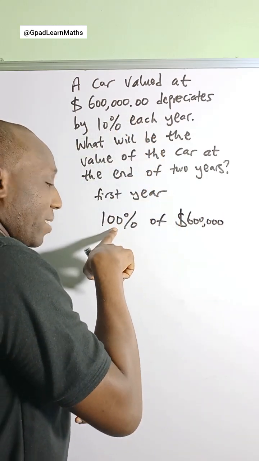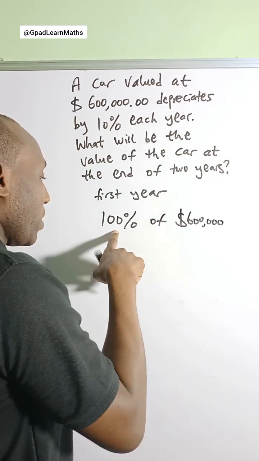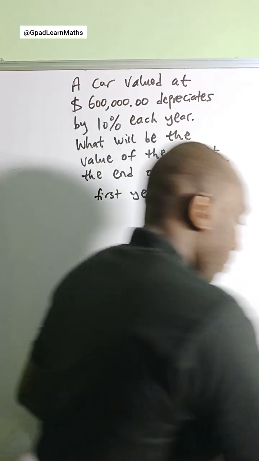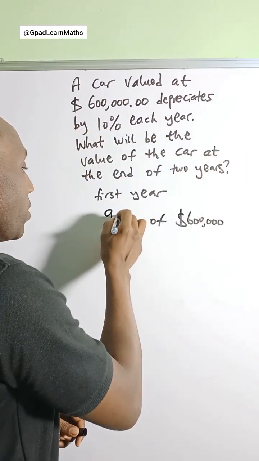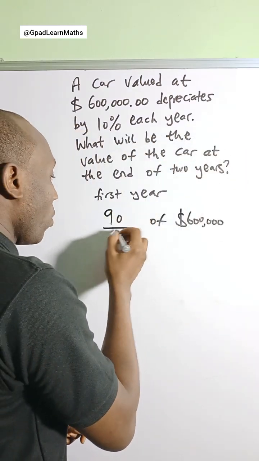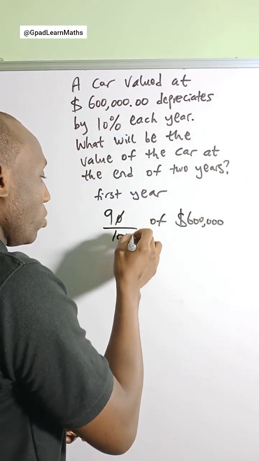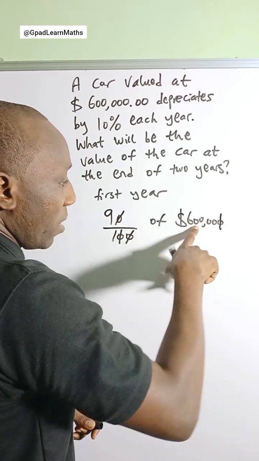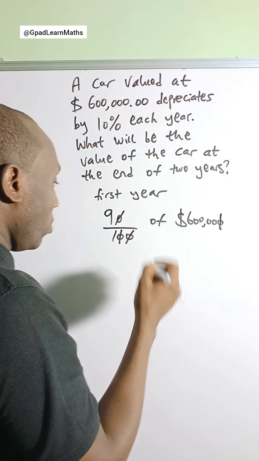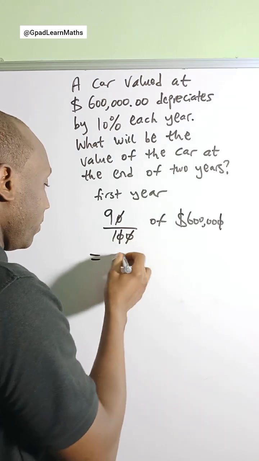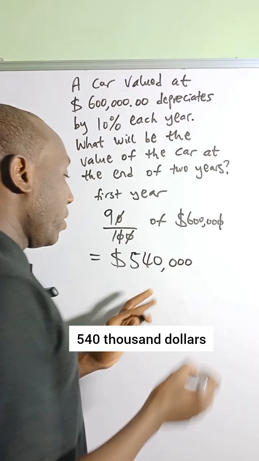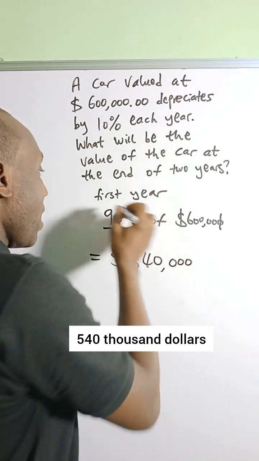So you have to subtract 10 from 100%, and that gives you 90%, which is also 90 over 100. And when you simplify this, you multiply 9 by $60,000, you're going to have $540,000. Now this is the value after the first year.